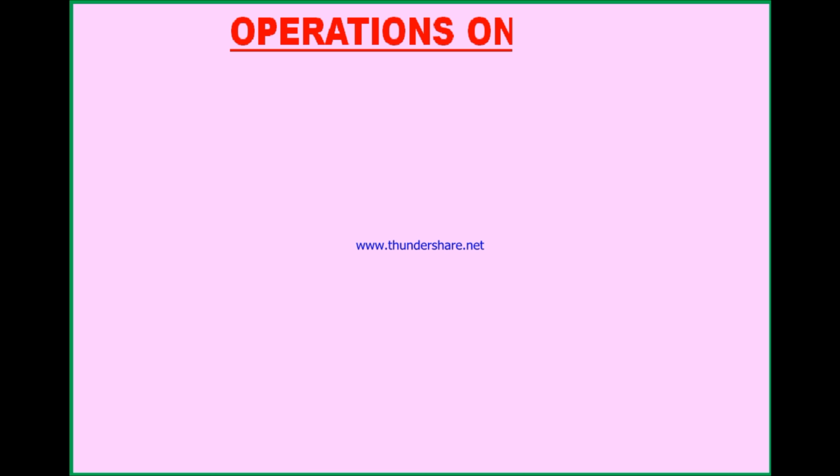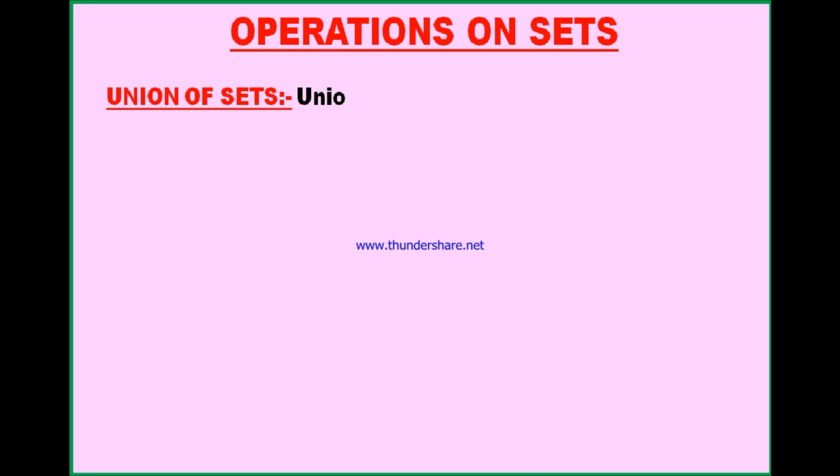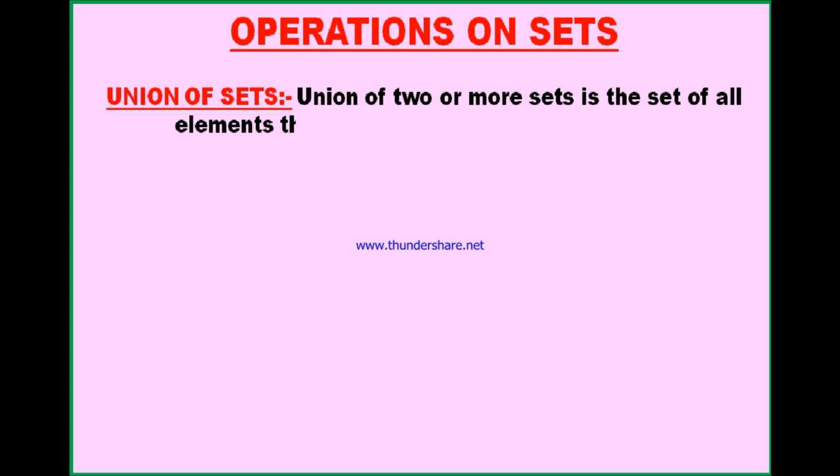Now, let us know the different operations on sets. The first one is union of sets. Union of two or more sets is the set of all elements that are present in any one of these sets.